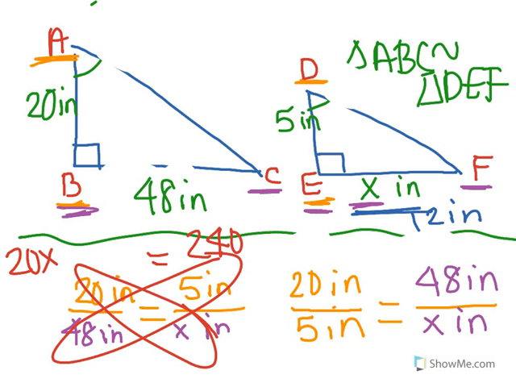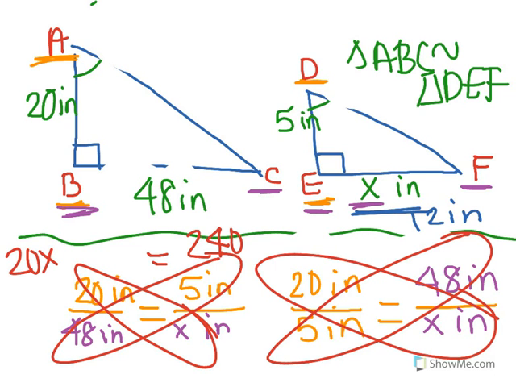And again, I'm going to circle my cross products. And I've ended up with the same thing as when I set up the first proportion. So 48 times 5 will still be equal to 240. And then I'll divide by that 20 here, and I'll still get 12. So either way, I could have set up that proportion to get the same answer of 12 inches as my missing side.